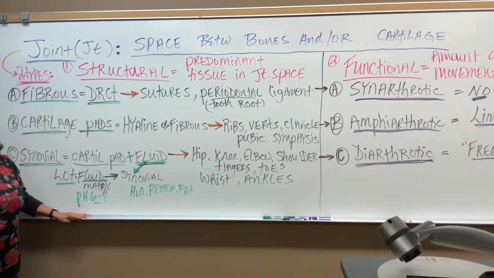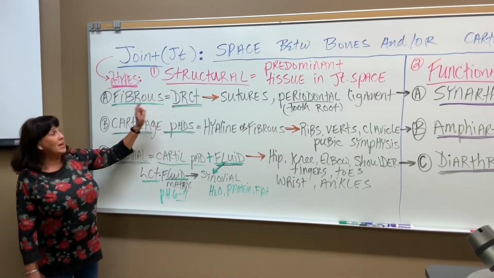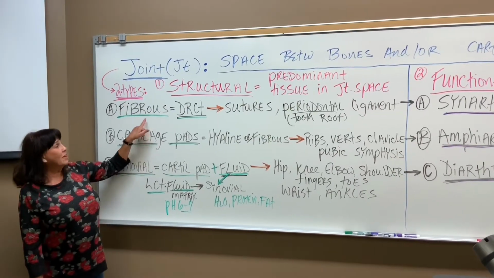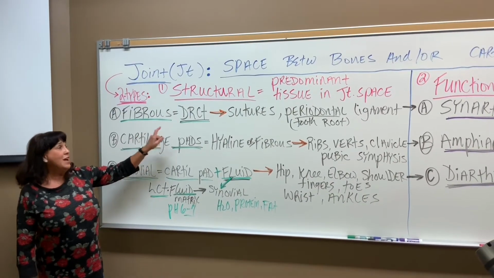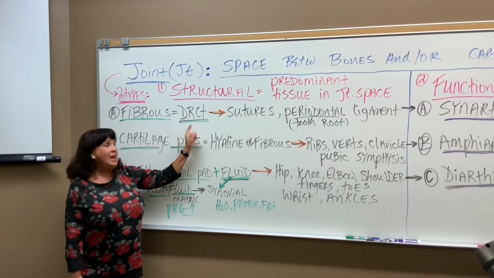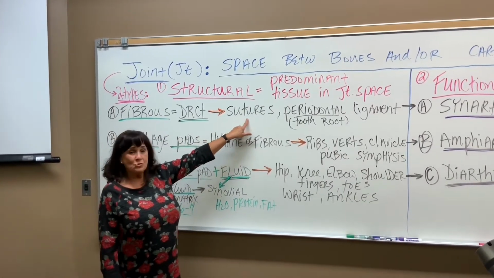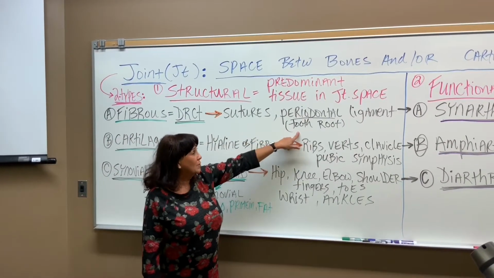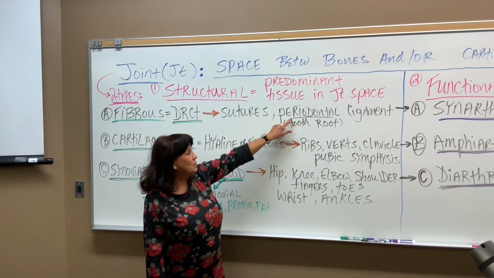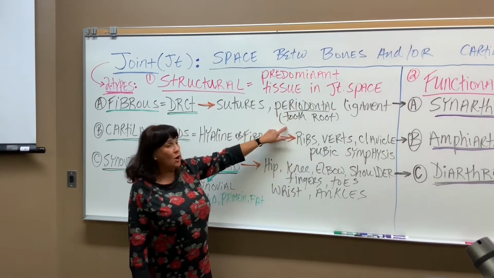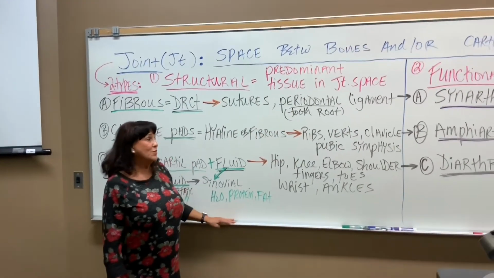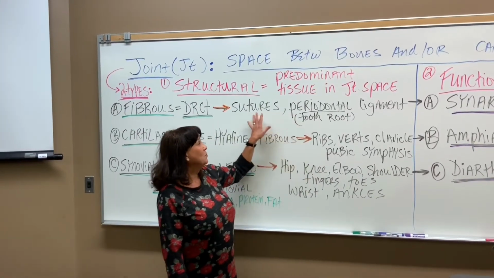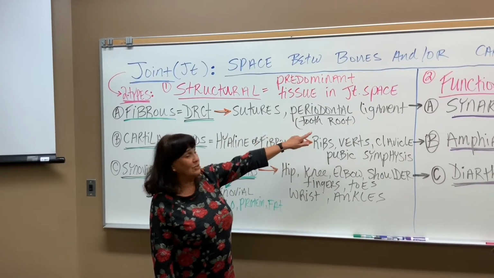So we're going to start with the structural ones first, because that means what kind of tissue is in that joint allowing the movement. And so we have fibrous joints, which are first. They're made out of dense regular CT. And where do you find them? In the sutures, okay? In your sutures in the skull, and also in the root of the tooth. It's called a periodontal ligament, is also considered a joint space, right? And so how much movement is allowed by the sutures and the periodontal ligament?